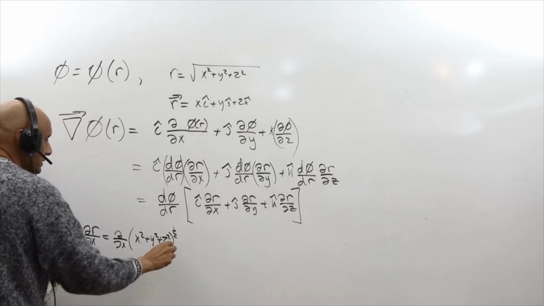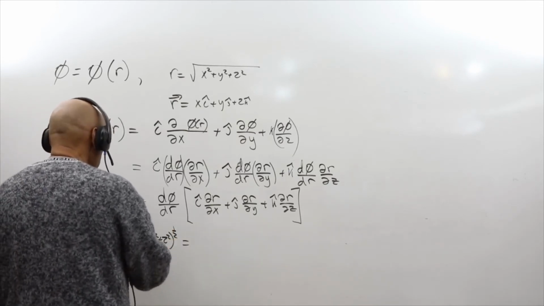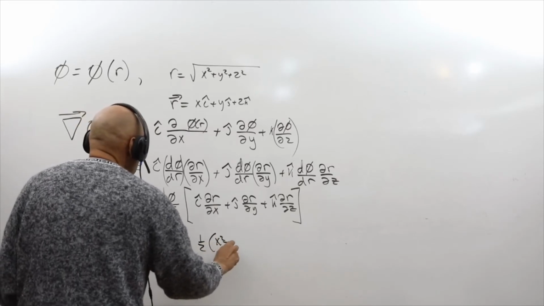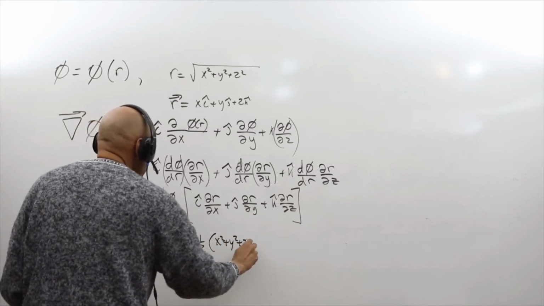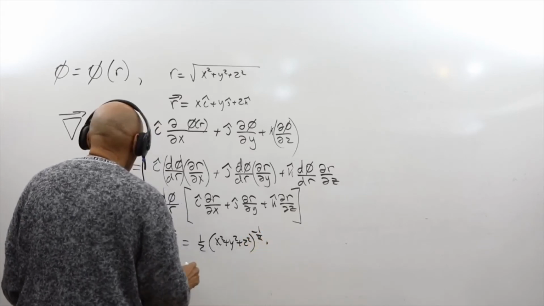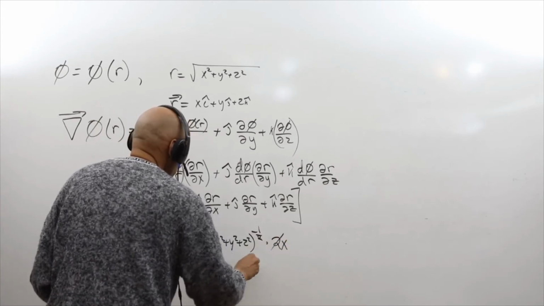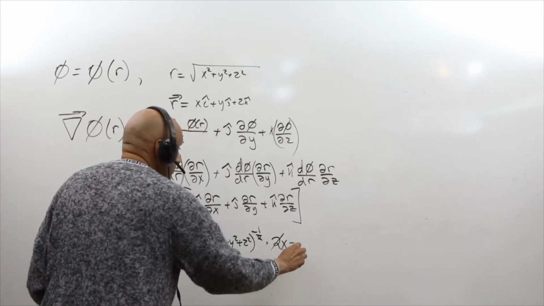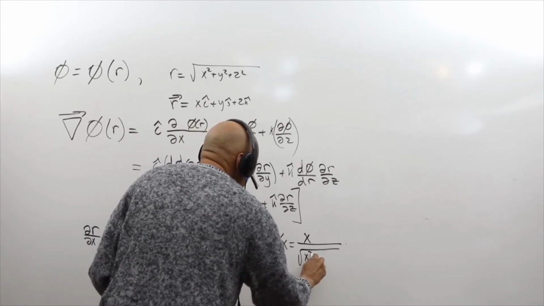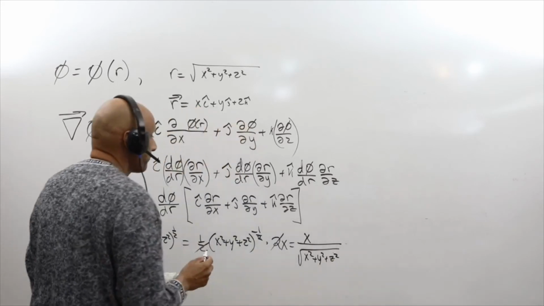We pull out the exponent, and with the chain rule, you get 2x, so we get 1/2 of x squared plus y squared plus z squared to the minus 1/2 times 2x. The 2's drop away, and we're left with x divided by the square root of x squared plus y squared plus z squared.